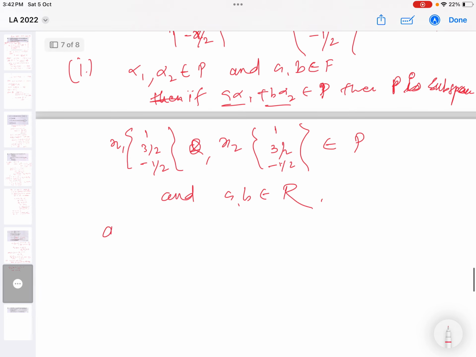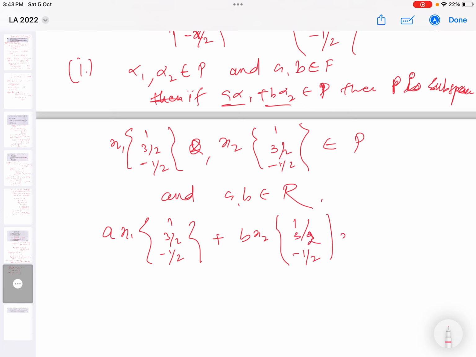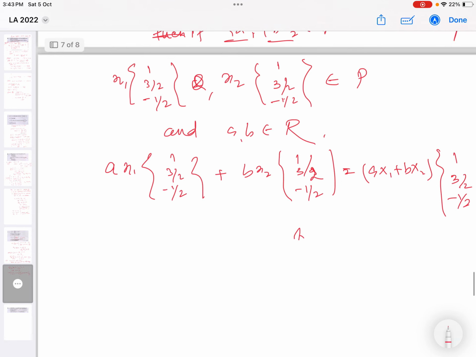Now A x1 (1, 3/2, minus half) plus B x2 (1, 3/2, minus half) will become (A x1 plus B x2) times (1, 3/2, minus half). Here A x1 plus B x2 will be an element of R.